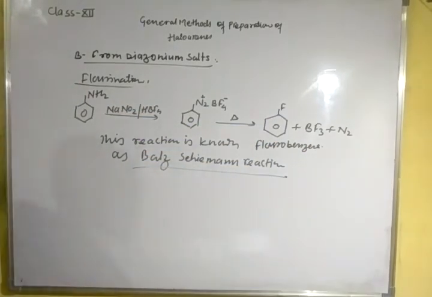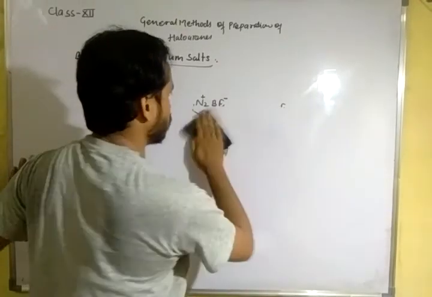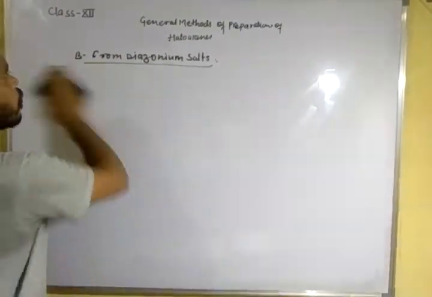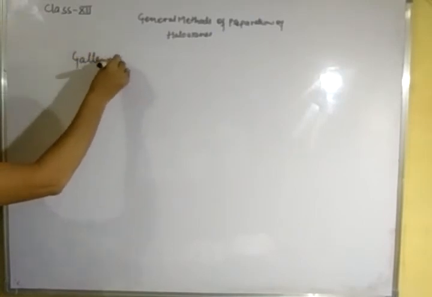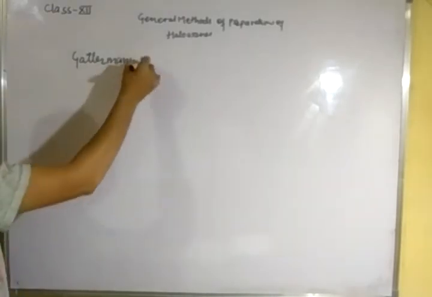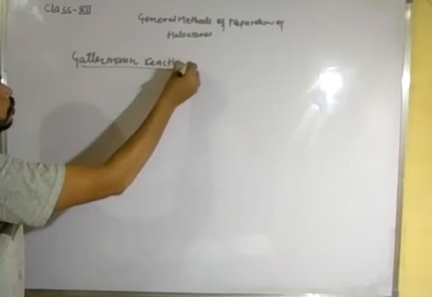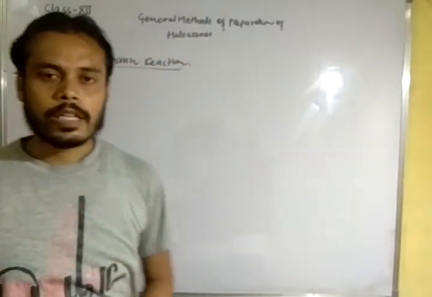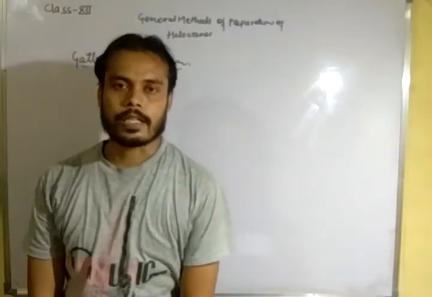Now the second and last method for the preparation of haloarenes is Gattermann reaction. This reaction is a modified form of Sandmeyer reaction.